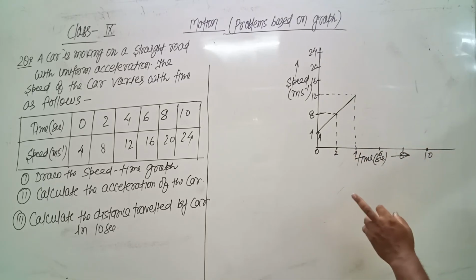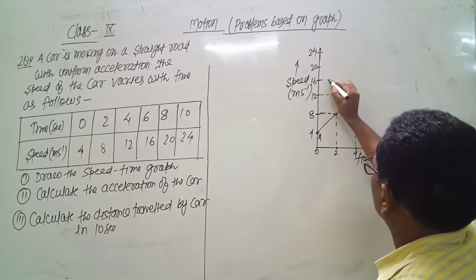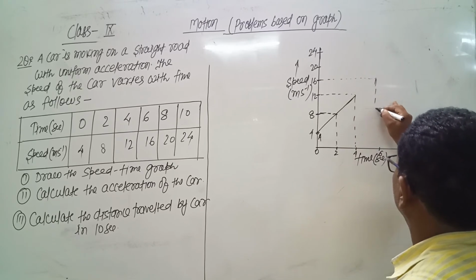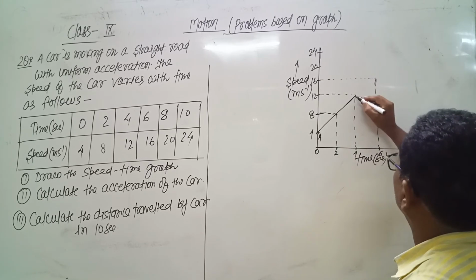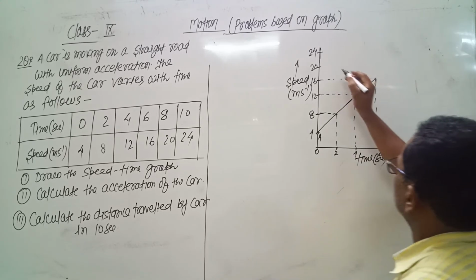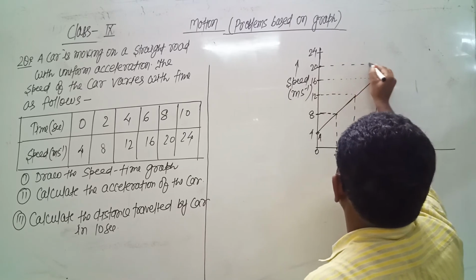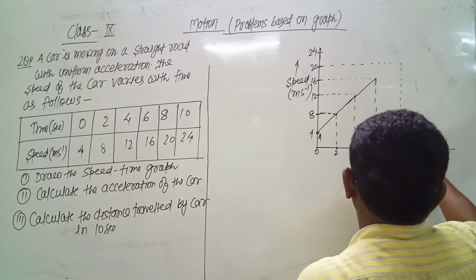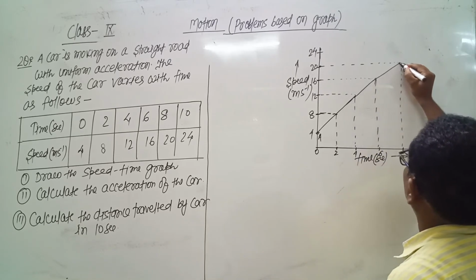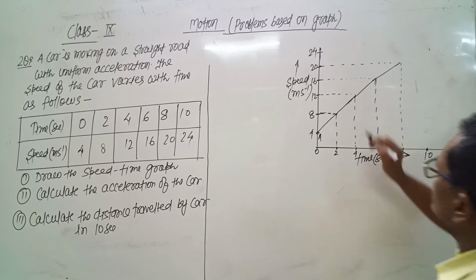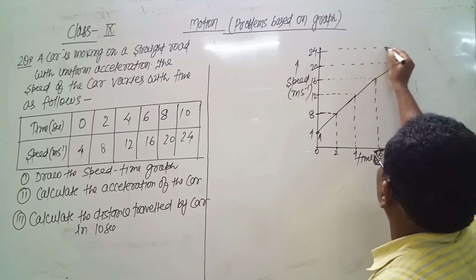At time 6 seconds, the speed is 16 meter per second. At time 8 seconds, the speed is 20 meter per second. And at time 10 seconds, the speed is 24 meter per second.